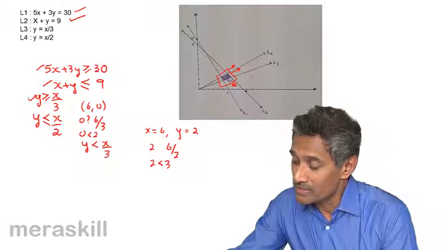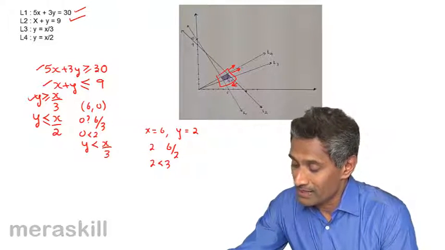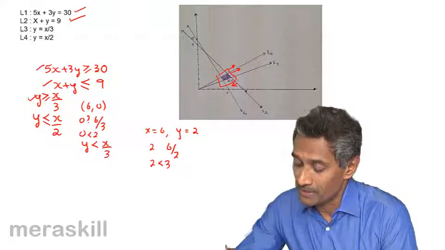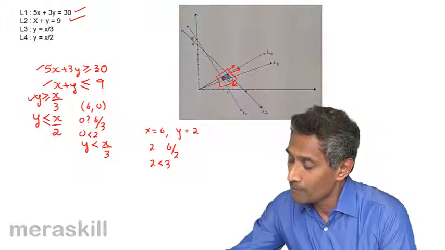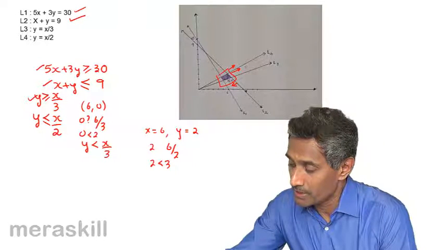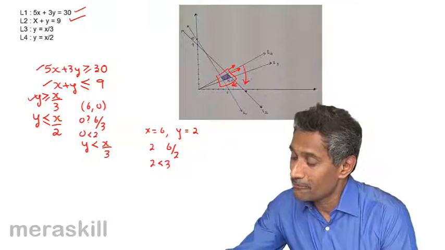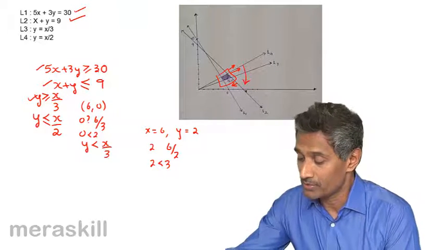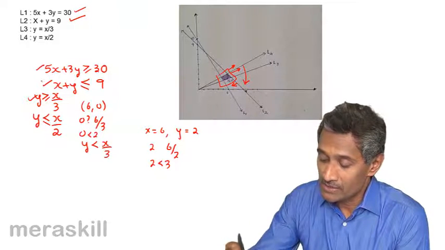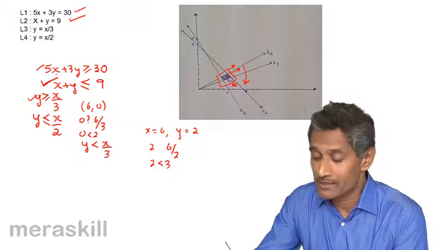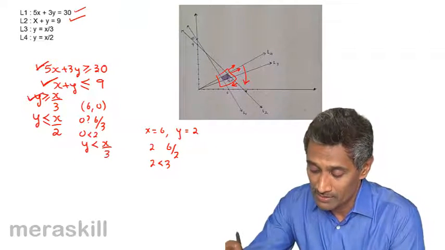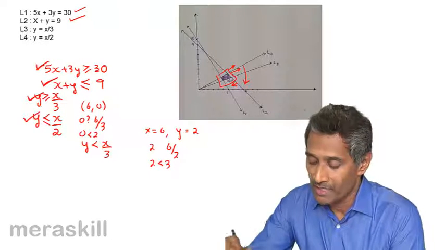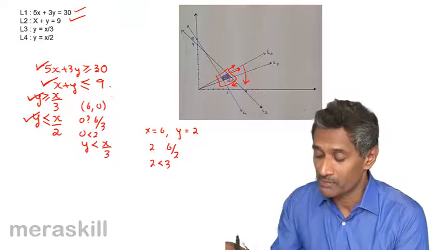And you have y less than x/2, that is line L4, and hence this part of it is below it, so y is less than or equal to x/2. Hence this region is a combination of x + y less than or equal to 9, 5x + 3y greater than or equal to 30, y greater than or equal to x/3, and y less than or equal to x/2.